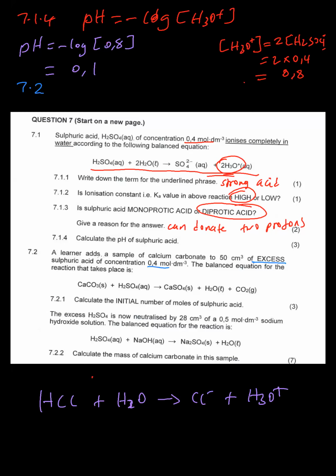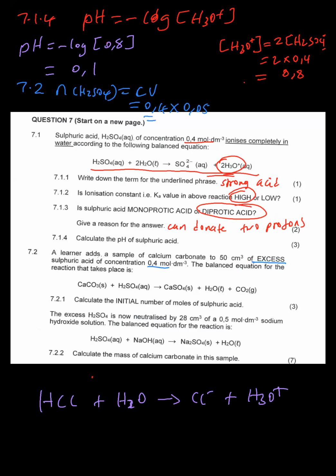How can we calculate that? We have the concentration and the volume. So number of moles of H2SO4 is CV. What is our C? 0.4. What is our V? 0.05.